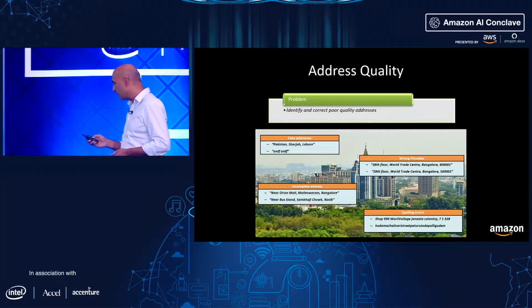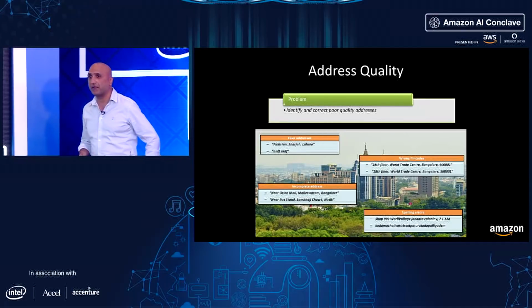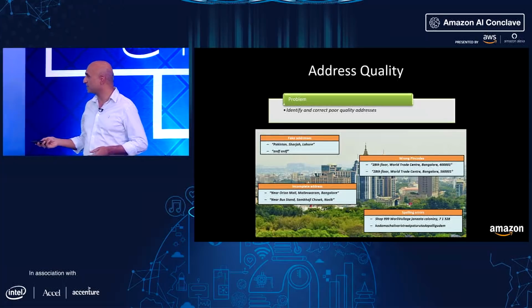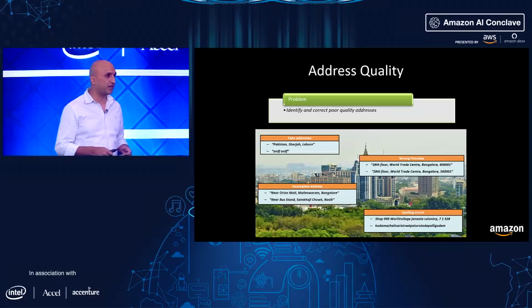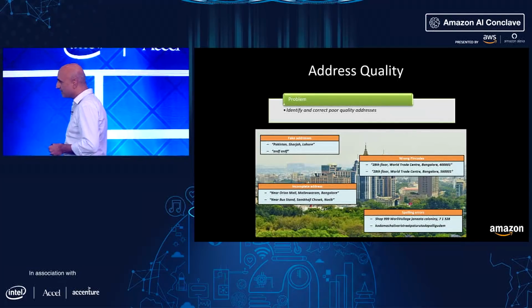So here you can see different examples of poor quality addresses. There may be addresses with wrong PIN codes. There are addresses with spelling errors. Here's an address with pretty much no spaces, right? I'm sure many of you in the audience are trying to figure out what exactly that address is.